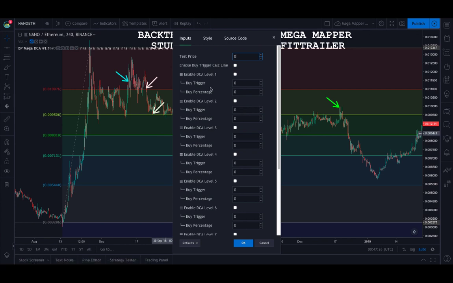We have a test price we already experimented with. We call it the test price because ideally you will not have been in a trade yet before you set this up. This could also be called your entry price if you've already entered a trade. Enter the value.